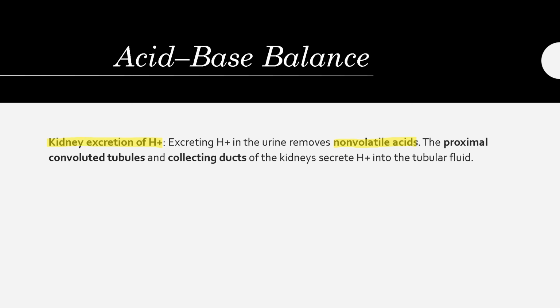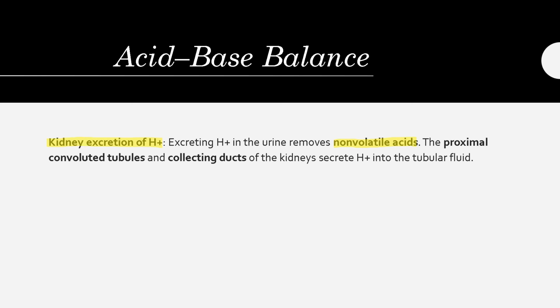So non-volatile acids cannot be excreted by the lungs by that carbon dioxide excretion mechanism that we just talked about. So this is where all those other acids are going to have to be excreted from the body because they cannot be breathed out through carbon dioxide, so the kidneys will have to get rid of them.